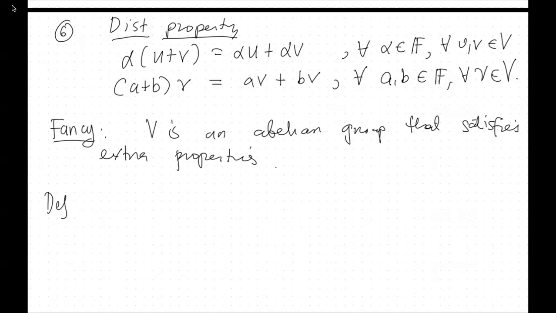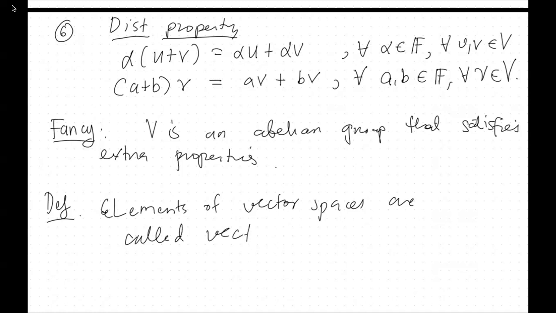So we can now also define elements of a vector space. Elements of a vector space are called vectors, or sometimes we call them points.